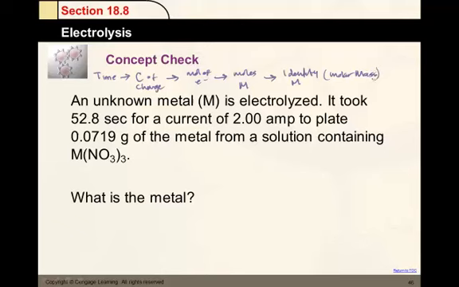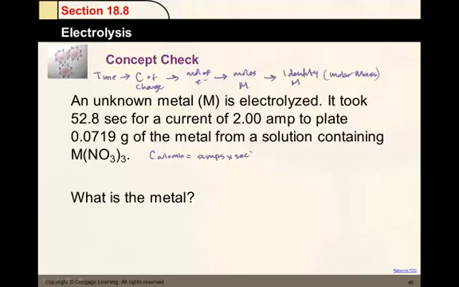All right, so we have an unknown metal, and let's see what we are going to say about time. Remember, a coulomb is the number of amps times seconds, or an amp is a coulomb per second.